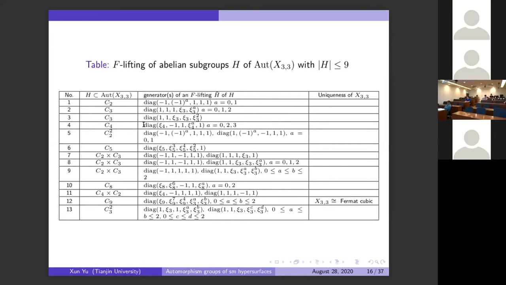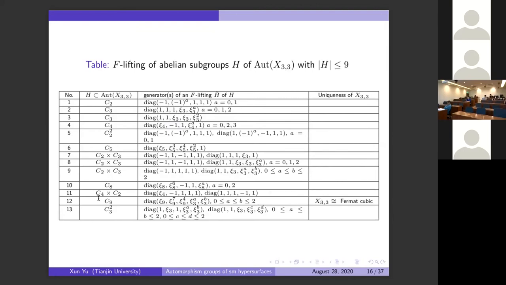And for example, say for the order 4 elements, you must have eigenvalue -1. Moreover, in some cases we can decide the hypersurface uniquely.